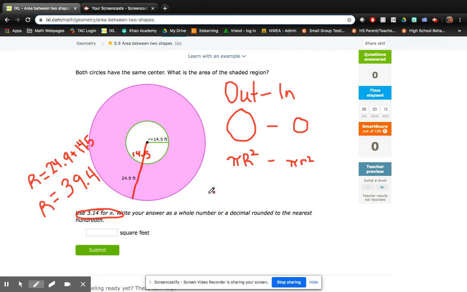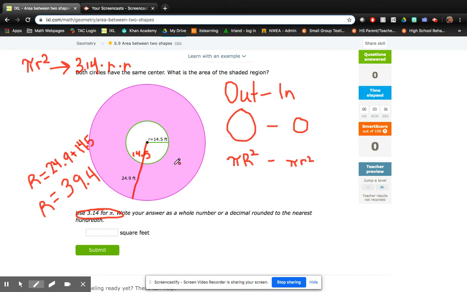Okay, now remember that pi times radius squared is really just 3.14, only the version that goes on forever, times whatever the radius is, times whatever the radius is again.